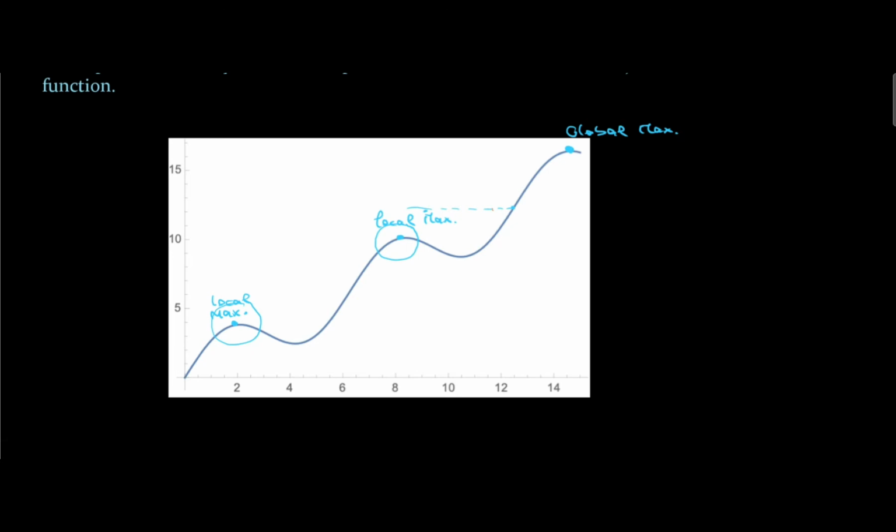Now the same happens for the lowest value, or the lowest in the surroundings. Then we may have here the lowest one, that would be a local minimum, that's the local minimum, and there would be this global minimum. Okay, that's for one variable function.